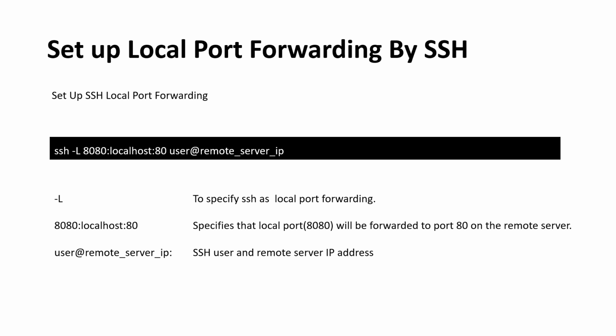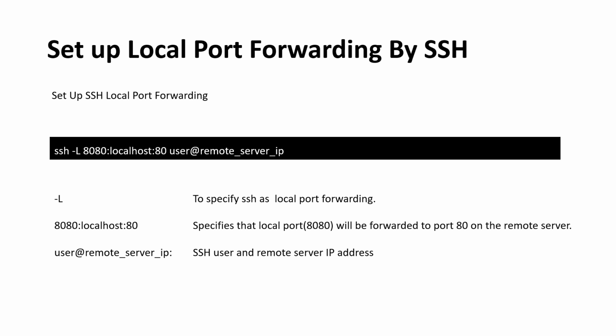And if the service is running on the victim machine, then we can use this command, as you can see here, with -L, the uppercase L, to specify the mode of the port forwarding. There are two types. The first one is L, which means local port forwarding. And in some cases, we have to set up remote forwarding.